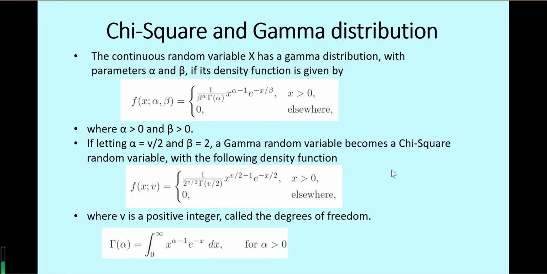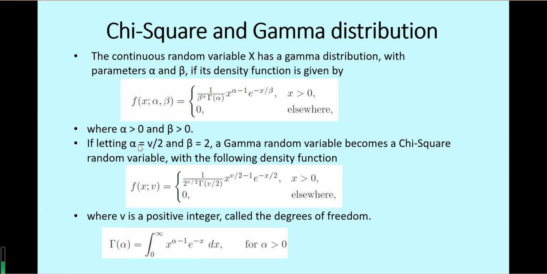Actually, the chi-square distribution is a special example of the gamma distribution. This is the gamma distribution density function with parameters alpha, beta, positive real numbers.